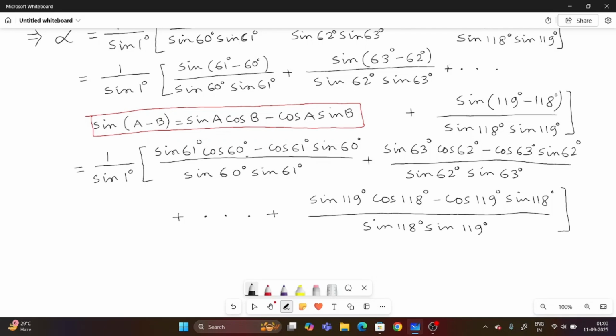If we separate, then for the first case sin 61 and sin 61 will be cancelled. We will get cos 60 by sin 60, which is cot 60, minus, for the second case sin 60 will be cancelled from numerator and denominator, and we shall get cos 61 by sin 61, which is equal to cot 61.